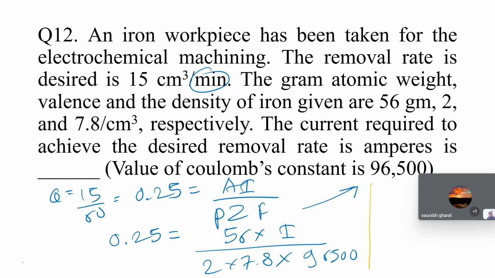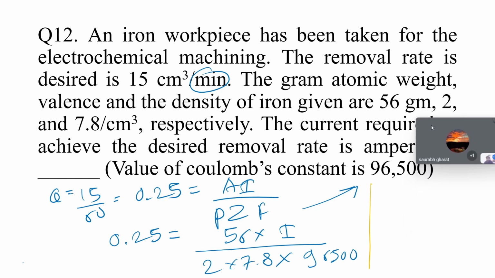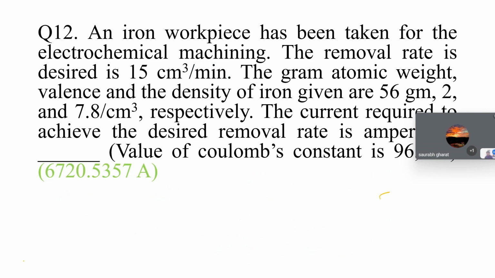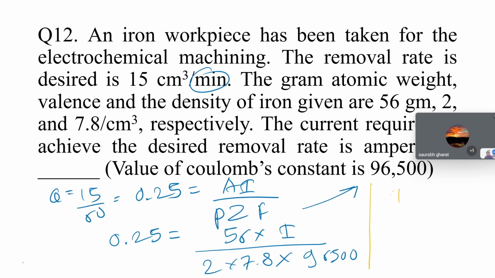So what we'll do here now, your I will be 0.25 into 2 into 7.8 into 96500 divided by 56 will be your answer, which I'll show you on the slide.